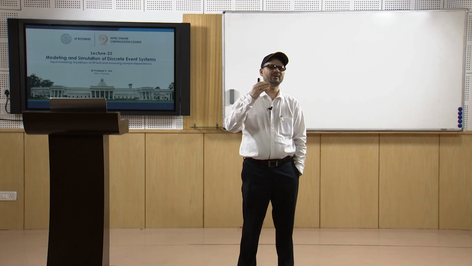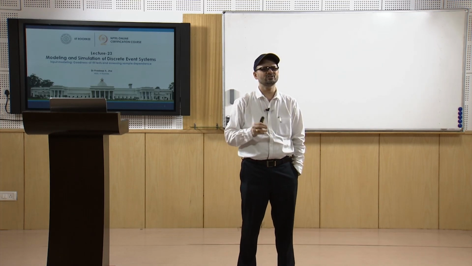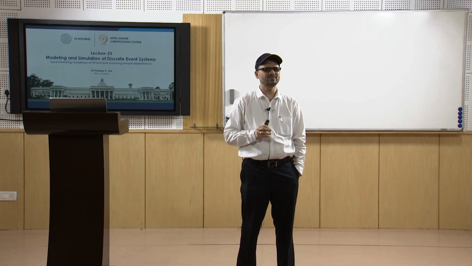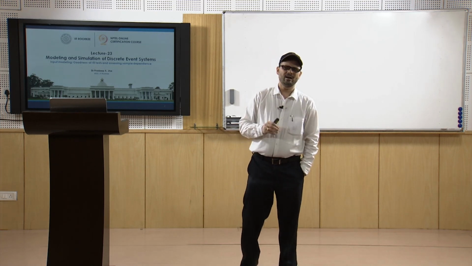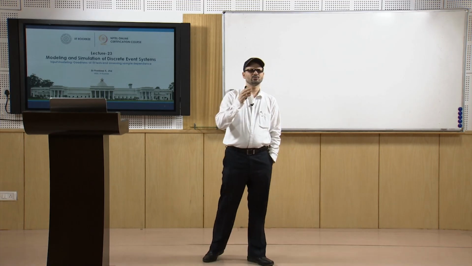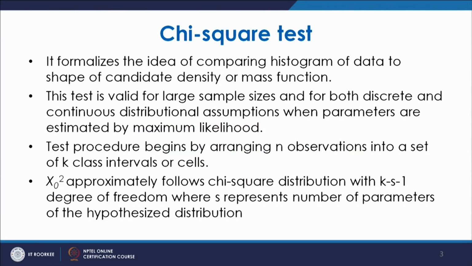What we do is begin by arranging the n observations into a set of k class intervals, and then the chi-square statistic approximately follows the chi-square distribution with k minus s minus 1 degrees of freedom. Here s represents the number of parameters of the hypothesized distribution.